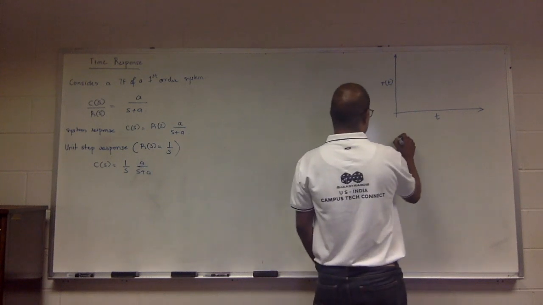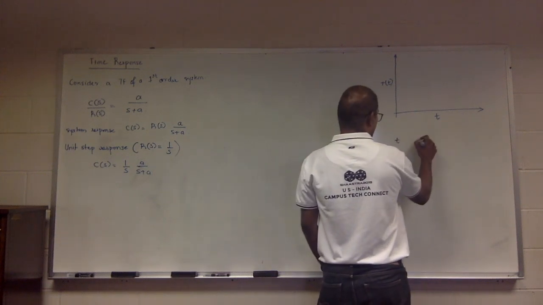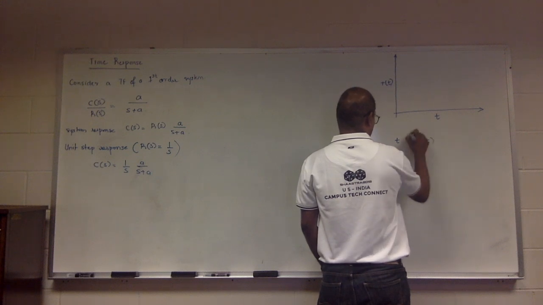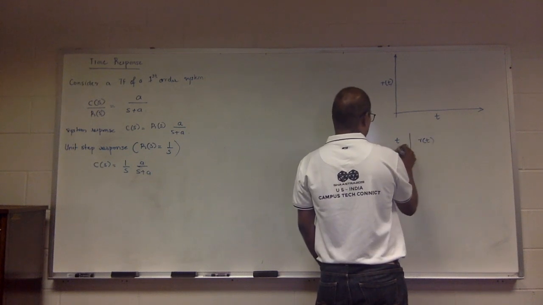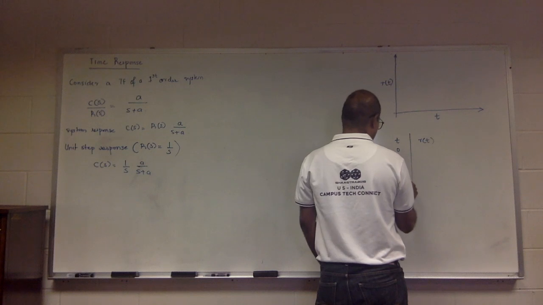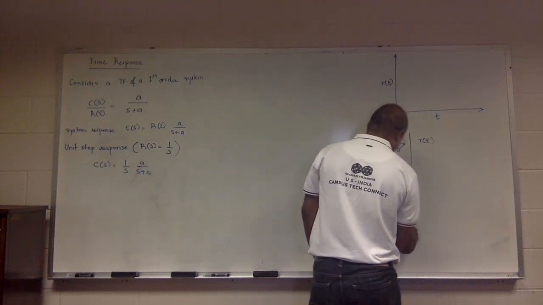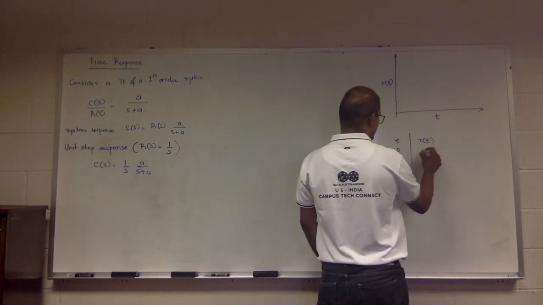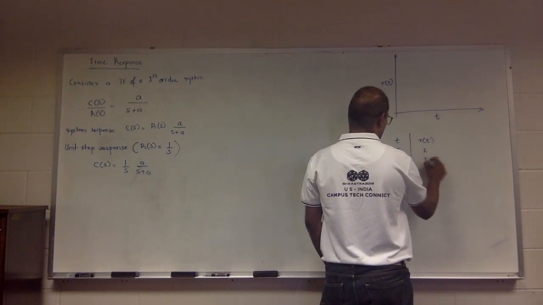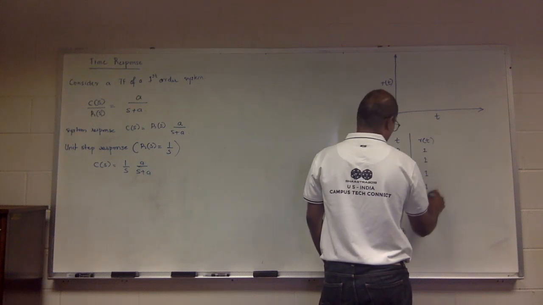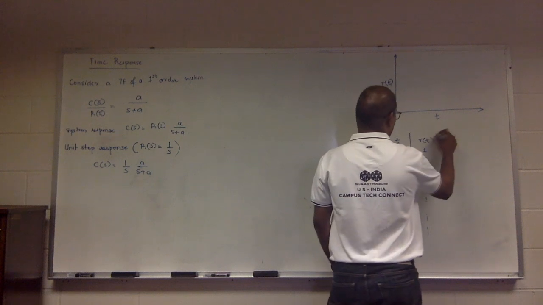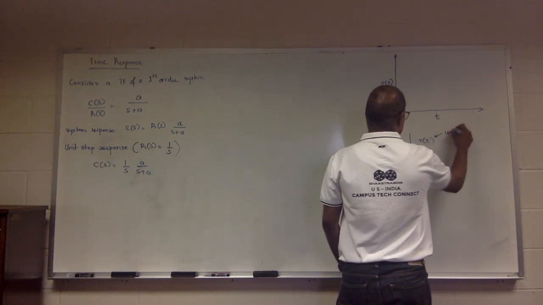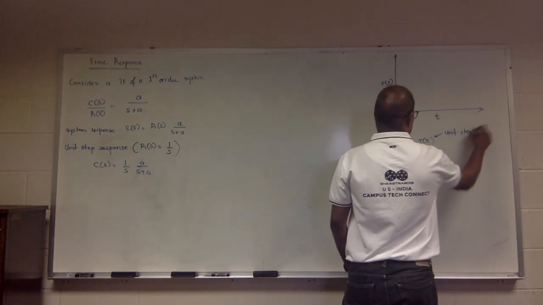So what you're looking at is time versus r of t. Time goes from 0, 1, 2, 3, 4 to infinity. This is 1, 1, 1, 1, 1. Here this is the unit step function.